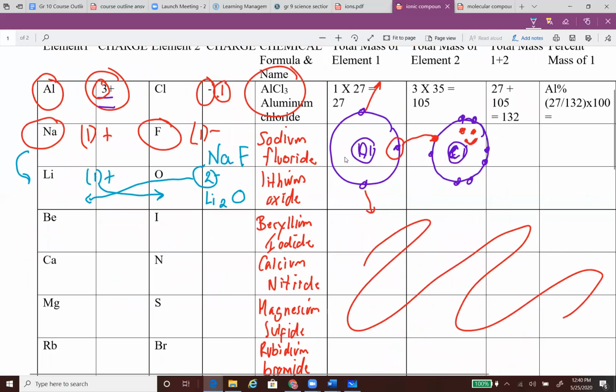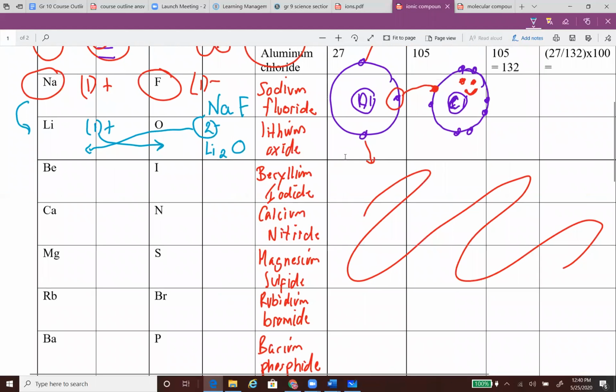Let's do the next one together. Let's do Be and I. All right, so Be and I, beryllium iodide. So beryllium is in the second column, so it wants to be +2. Iodine wants to be -1. So again, that means 1, right? So what does this say?